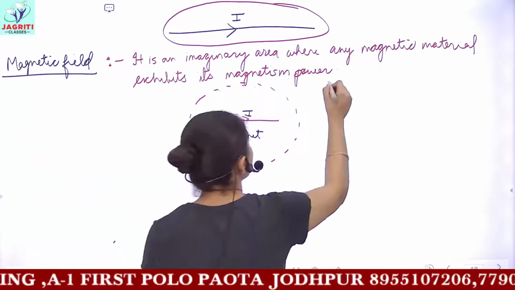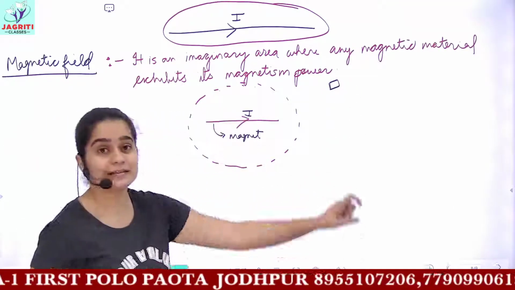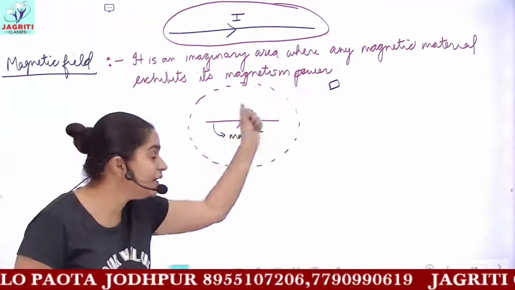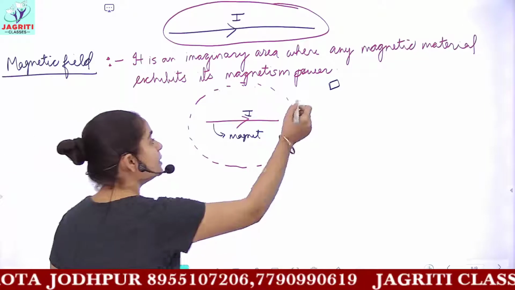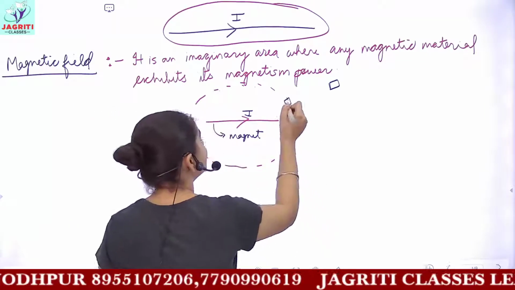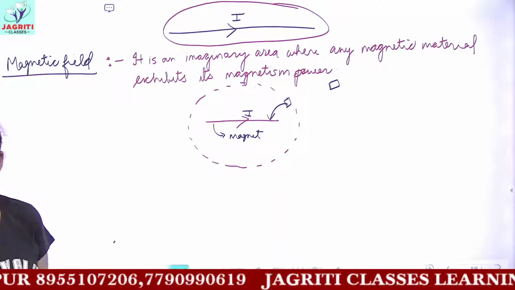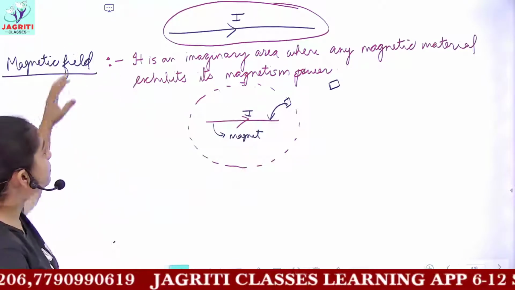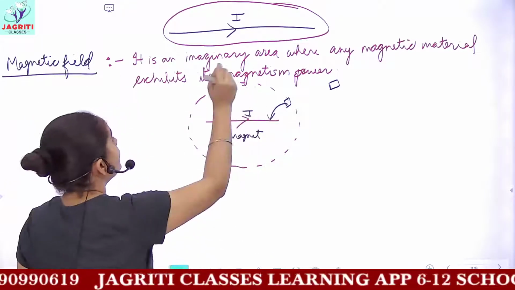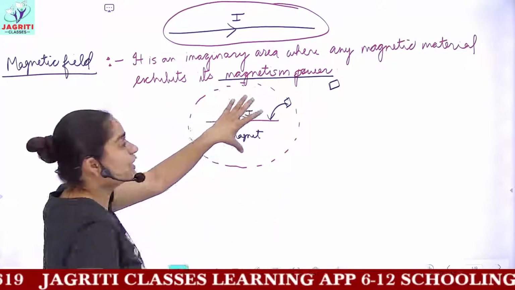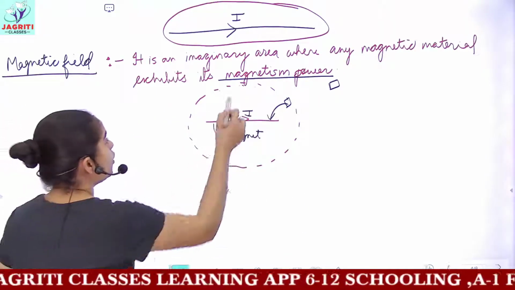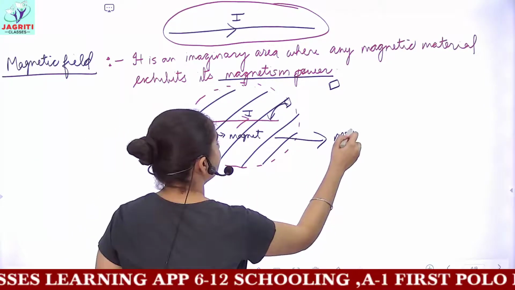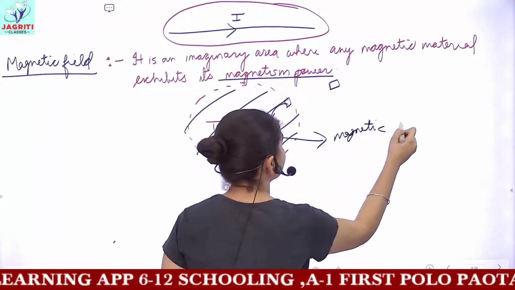If I keep an iron metal piece far away, the conductor would not be able to attract it, but when I bring the piece here, it easily gets attracted towards our conductor. So what I am trying to explain is that magnetic field is the imaginary area in which the magnetism power of a conductor is present. All this area would be called the magnetic field of the conductor.